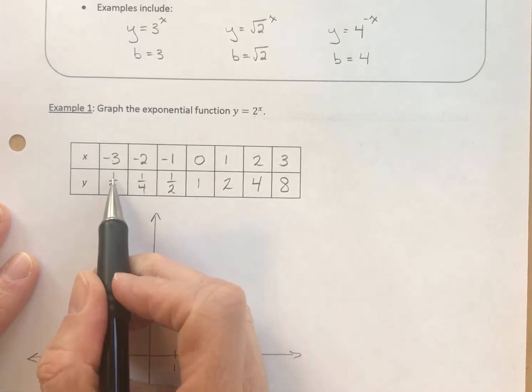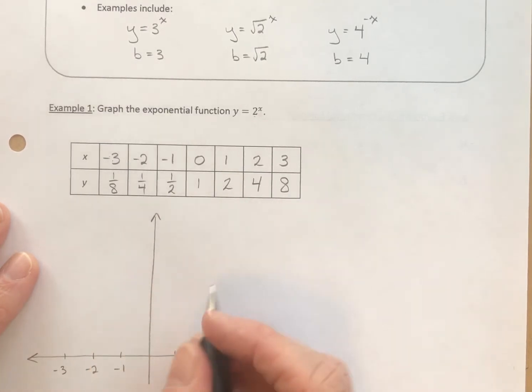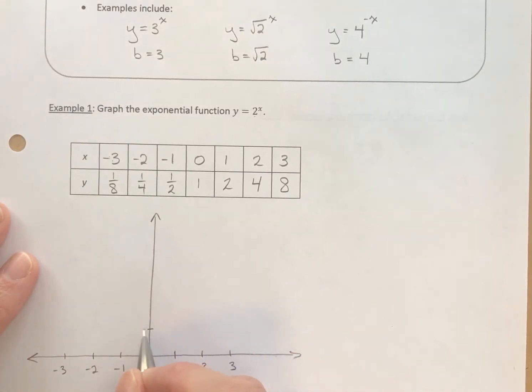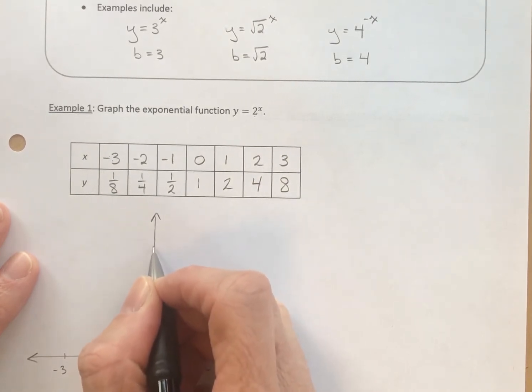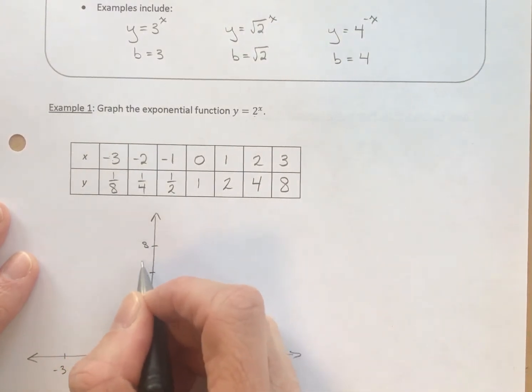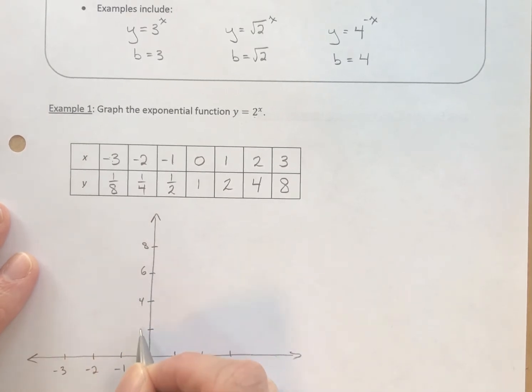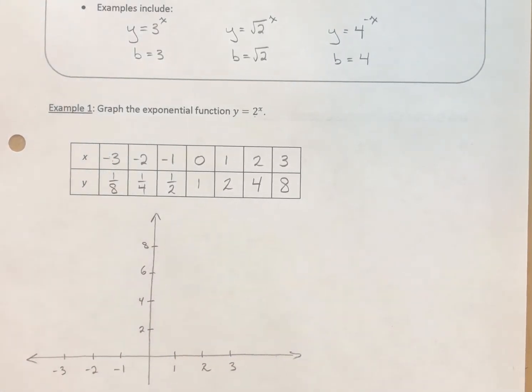My y's go from 1/8 all the way up to 8, so I'll do this one as 2, 4, 6, and 8. I'll count this one off by 2's to make it fit on my y-axis.